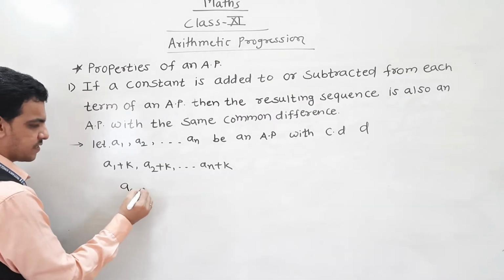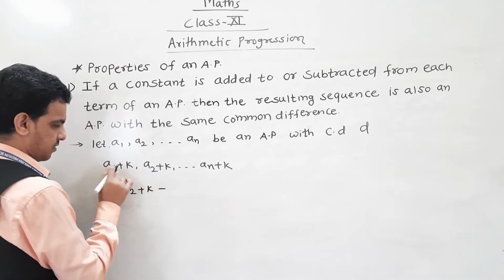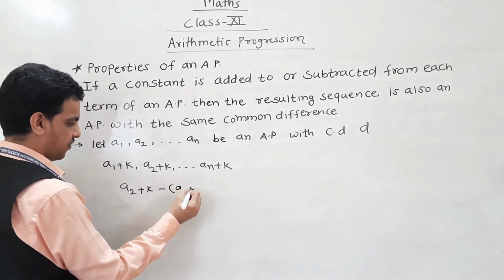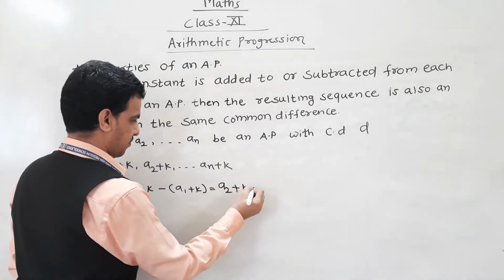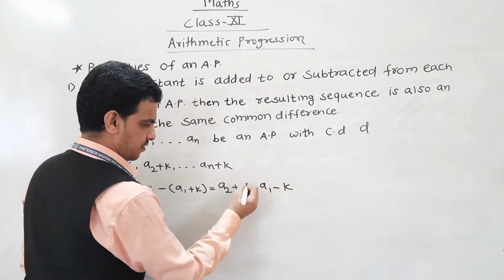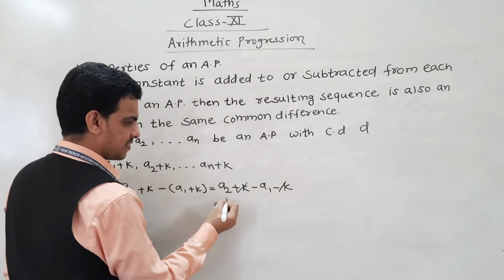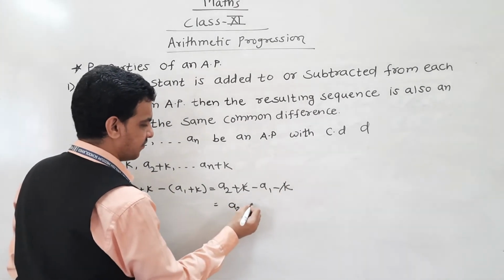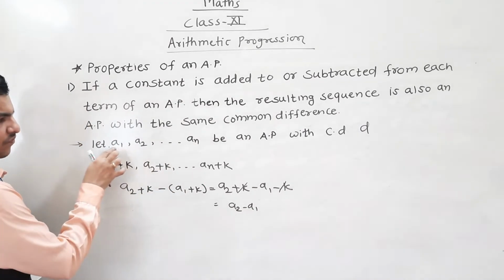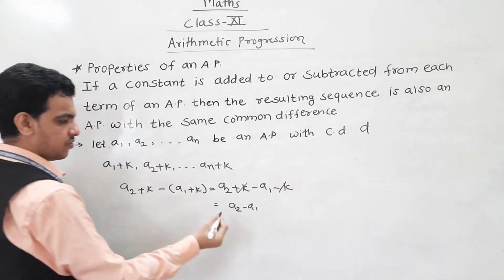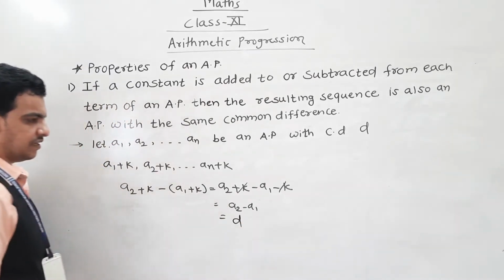If we find the difference, A2 plus k minus A1 plus k, that is A2 plus k minus A1 minus k. The plus k minus k will get cancelled, leaving A2 minus A1, which is the common difference of this AP, so A2 minus A1 is D.